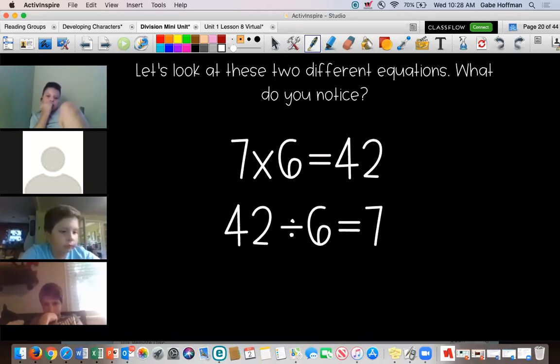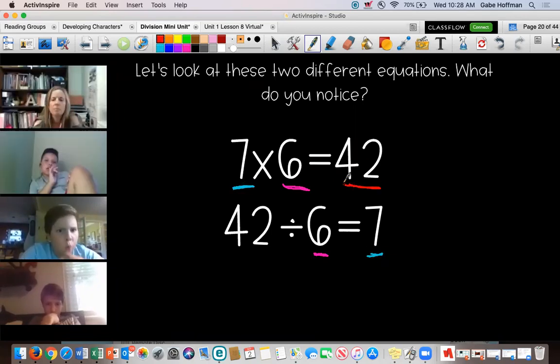Yeah, they have the same numbers in each equation. So here we have the 6. Here we have the 6. 7. 7. They're just in different places, right? So 42 divided by 6 equals 7, and 7 times 6 equals 42. So that's important to see that these are going to have a connection. We're going to use that to help us solve problems.